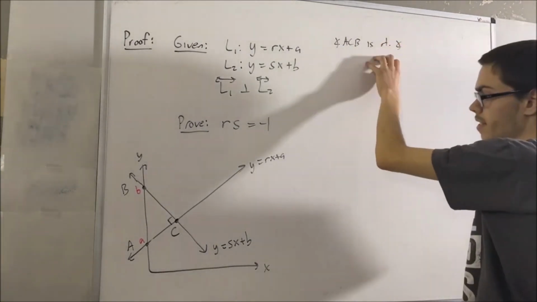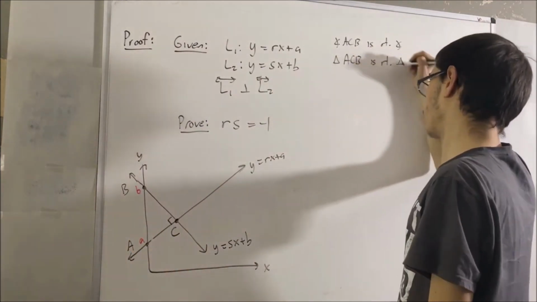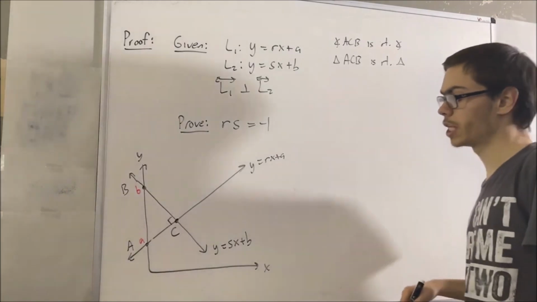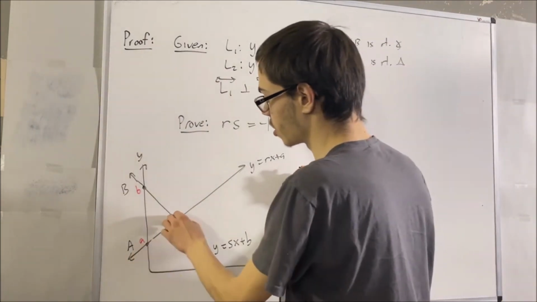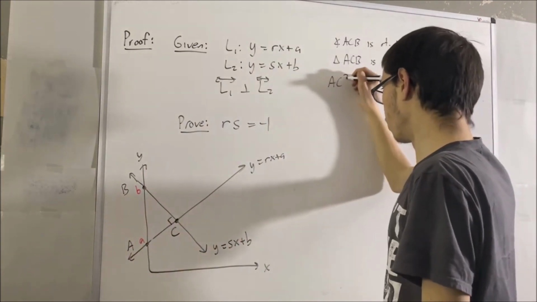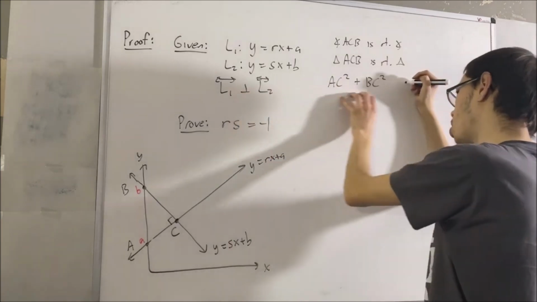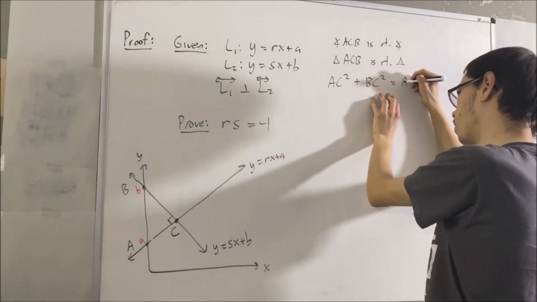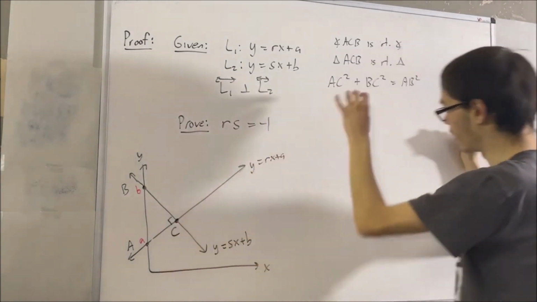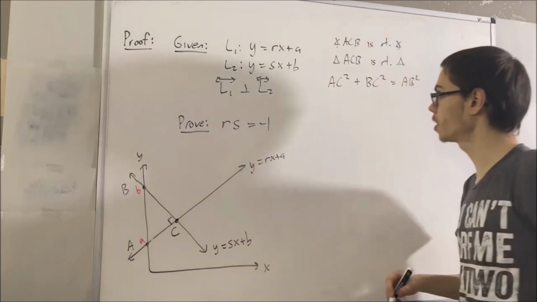Well, this means that triangle ACB is a right triangle, and it obeys the following relationship between the side lengths: AC squared plus BC squared equals AB squared. Now, we aren't proving that this is true. Because the lines are perpendicular, this statement is already true. And we're going to use this to our advantage to prove that RS equals -1, which is pretty cool.